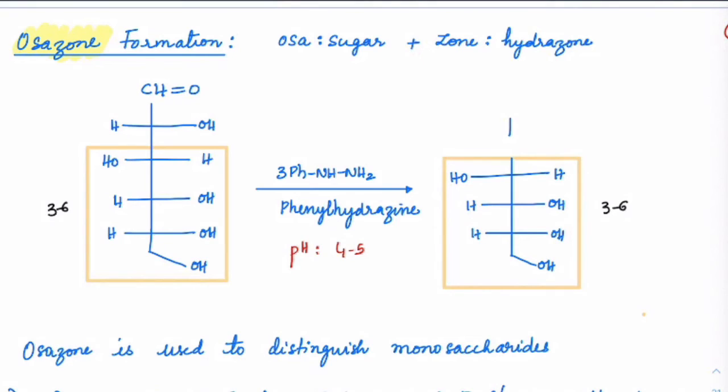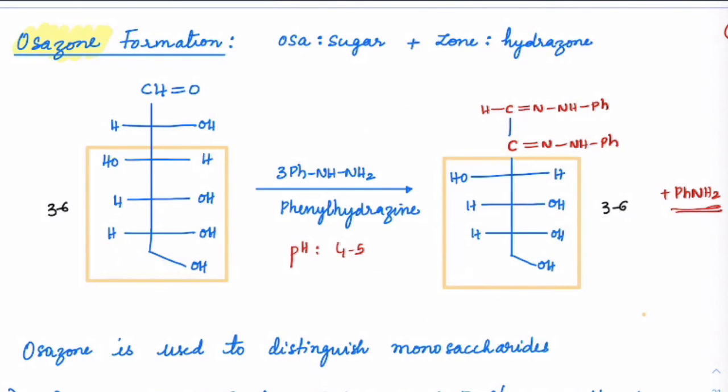What has been observed is that the final product has C double bond N, NH, Ph on one carbon, the other carbon has CH double bond N, NH, Ph, and the third mole leaves as PhNH2. The third mole will leave as PhNH2. So this is the overall reaction which is happening.